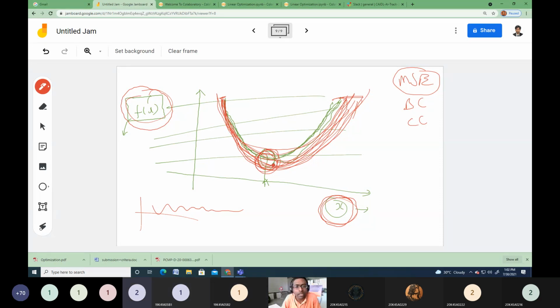Non-linear. We have to apply non-linear optimization techniques to find this solution, to find this point.